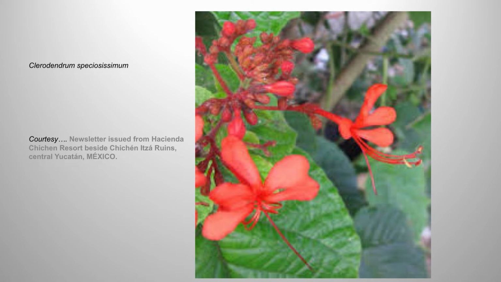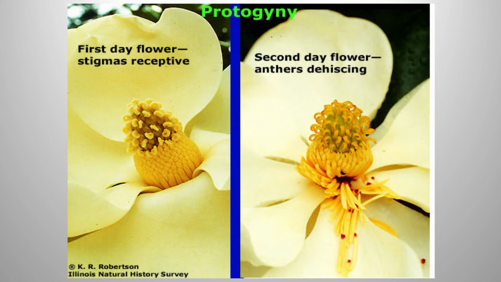This is another picture showing the protogynous condition. First the stigma becomes receptive, the female part matures first, and on the second day the anthers mature and dehiscence of anthers occurs. So, in both the protandrous and protogynous conditions, the chance of cross pollination becomes more.